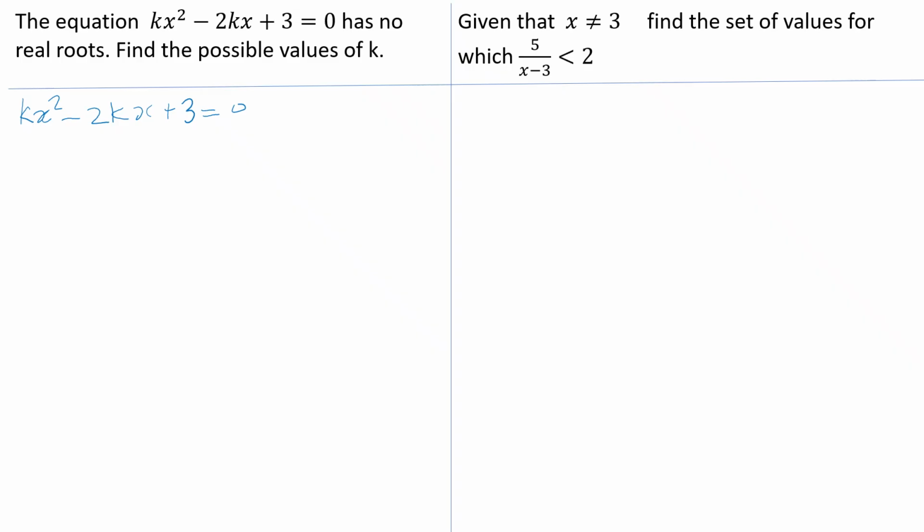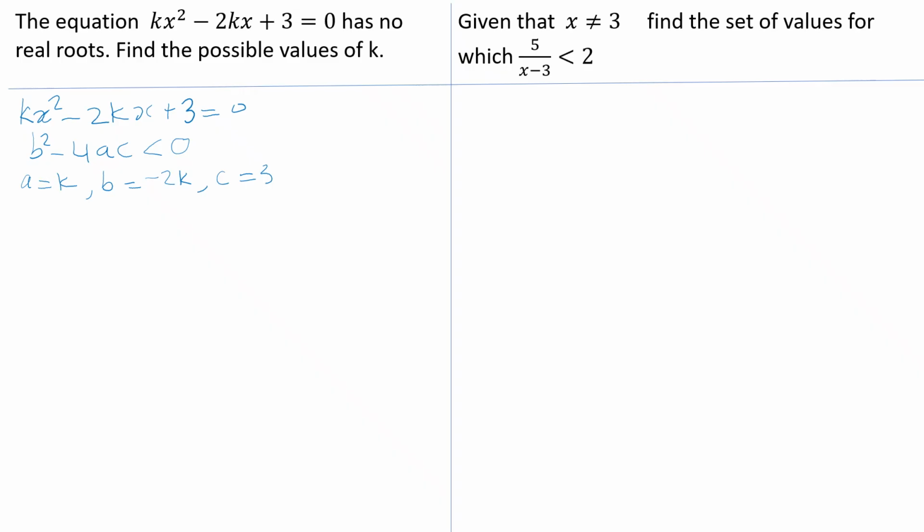If you don't have real roots, we know the discriminant is less than 0. So discriminant b squared minus 4ac less than 0. Here a equals k, b equals minus 2k, c equals 3.